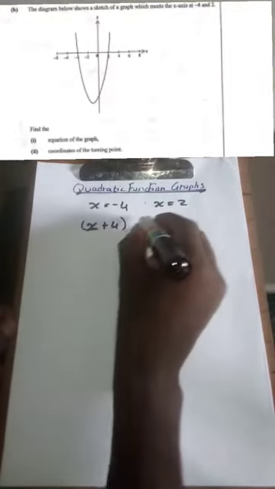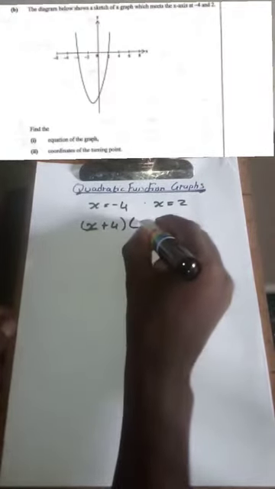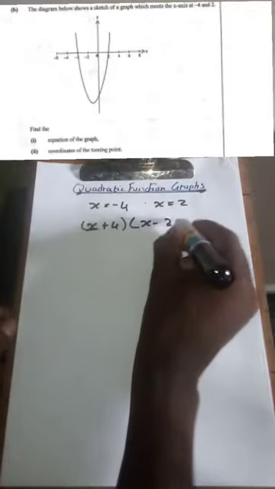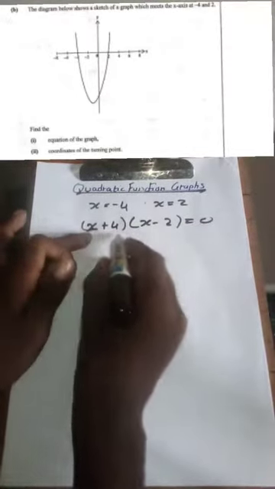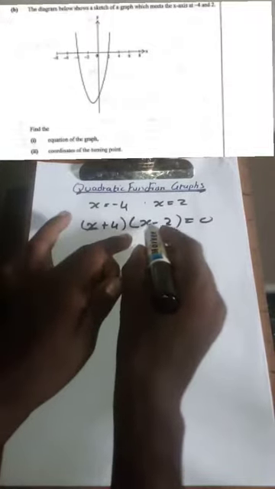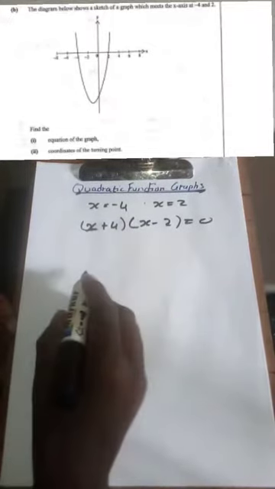We need to ask ourselves what they did to arrive at this answer. It's simple: (x + 4)(x - 2) = 0. Then x is equal to -4, then x is equal to +2. That is what they did there.